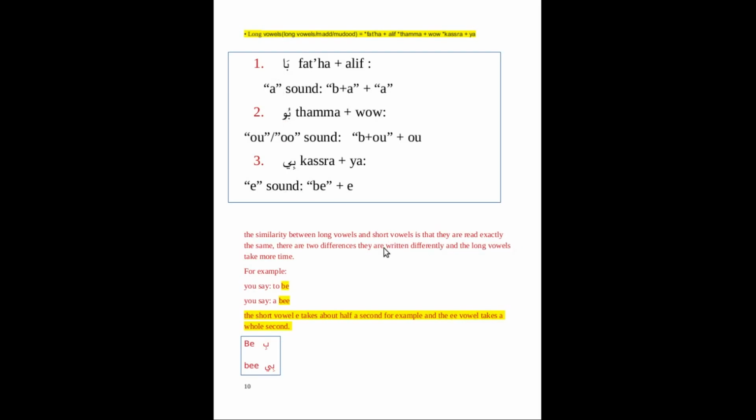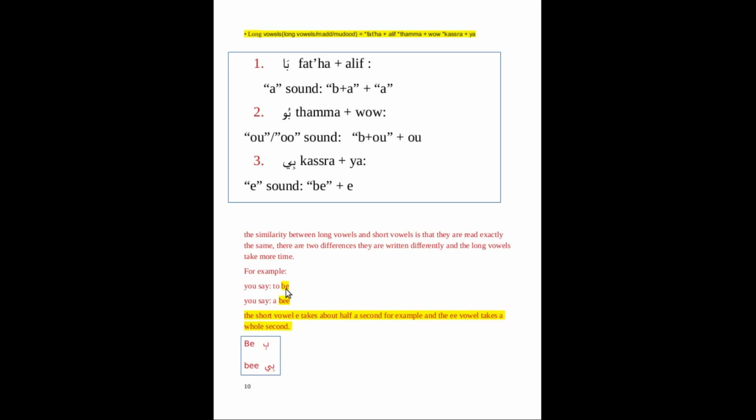And the long vowels take more time, so they take an extra beat, as they say. So instead of ba, we say baa. Instead of bu, we say boo. Instead of bi, we say bee. That's why we call them long vowels, or mudud, or med. Long vowels. Cool.